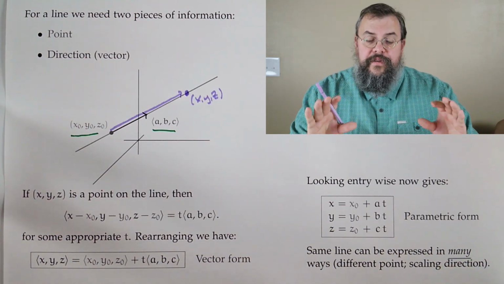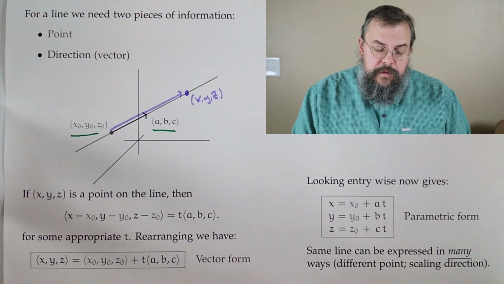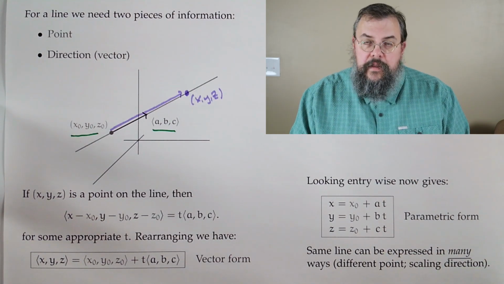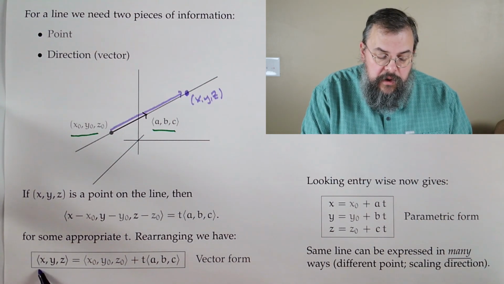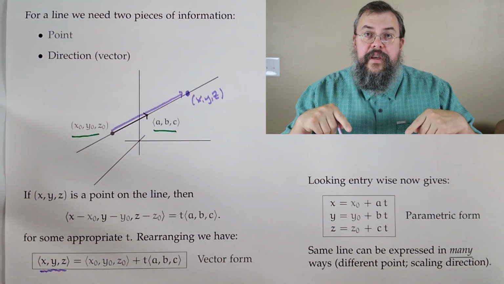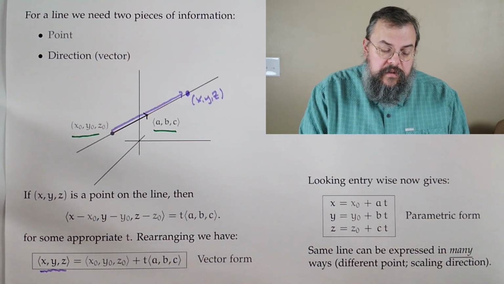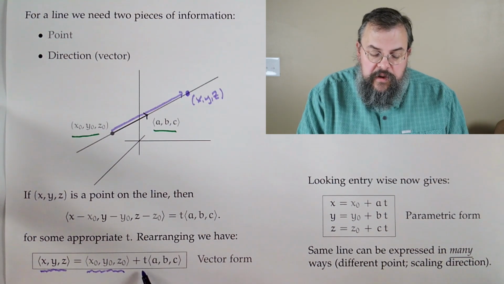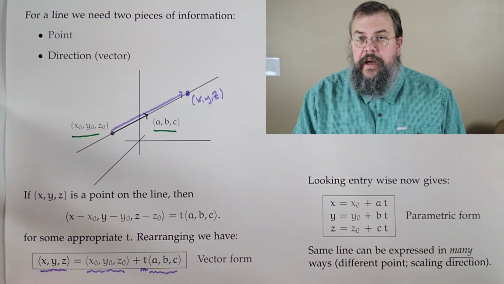Now we move things around because we have two vectors which are equal to each other, and lo and behold, we can say, look, here we go. We can say that our line has the following description. Any point, x, y, z, which we're going to temporarily think of as being a vector, so x, y, z is sort of a vector that represents the point x, y, z, is a combination of our initial point where we start plus moving some amount, so we think of t as how much we move, in the direction of the line.